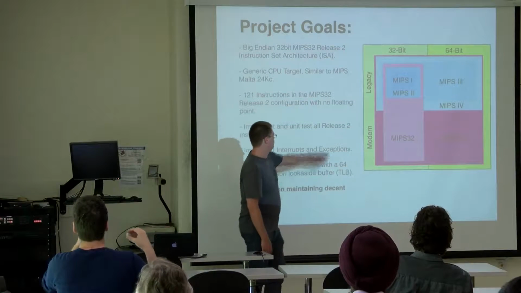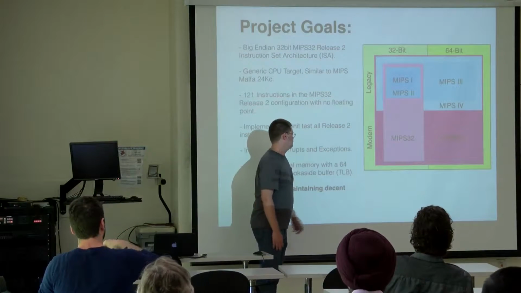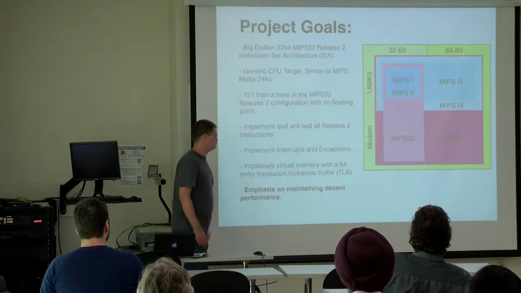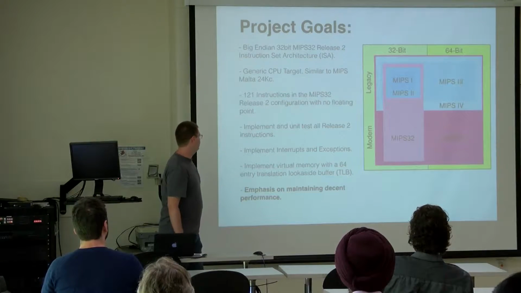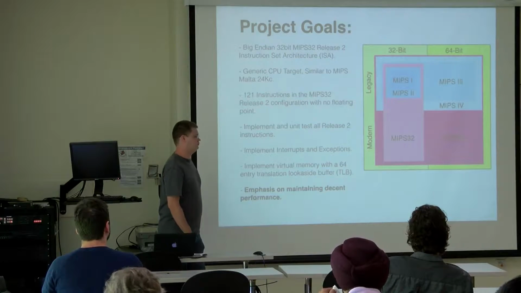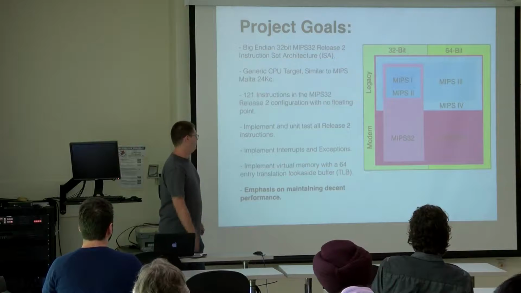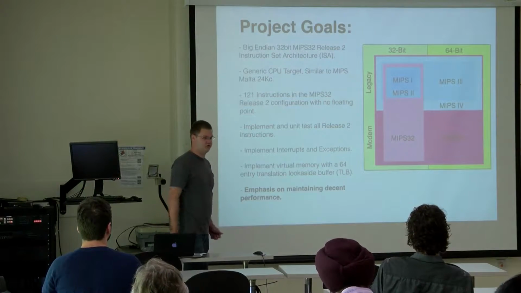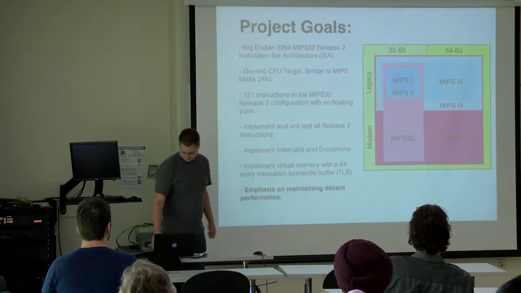You can see here there's lots of different revisions, and this was the actual modern variety, which is much more complex. And the goal here was to implement all the non-floating point and privilege instructions, and to implement interrupts and exceptions, and virtual memory as well was the last goal.